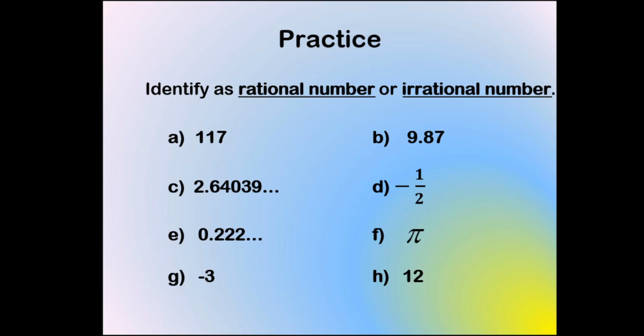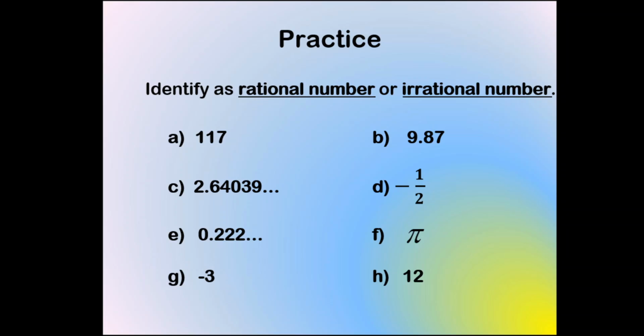Now let's try this. Identify as rational or irrational number. Letter A, we have 117. What do you think? Right, it's a rational number. Letter B, 9.87. Is it rational or irrational? Correct, letter B is a rational number.